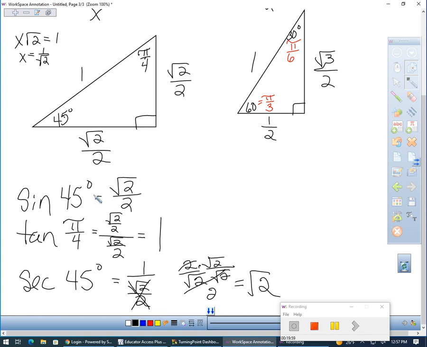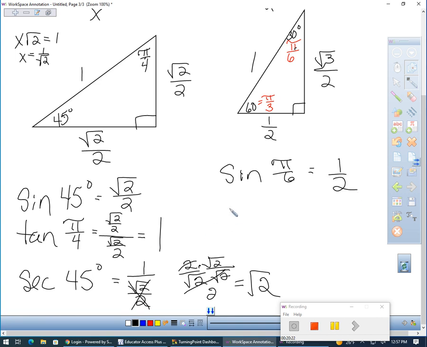This time I want to know, what is the sine at pi over 6? So you look at that triangle, find the pi over 6. From that angle, it is opposite over hypotenuse. So it's 1/2, exactly.